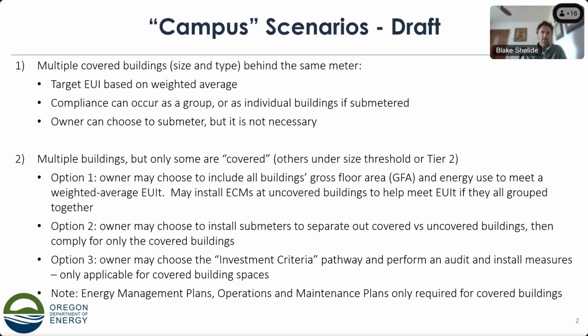And the smaller uncovered buildings wouldn't weight as much toward the target, just on the nature that they're smaller. But you could feasibly make installations of energy measures at any of the buildings to help meet the target, if the owner chooses to not sub-meter out just the covered buildings.